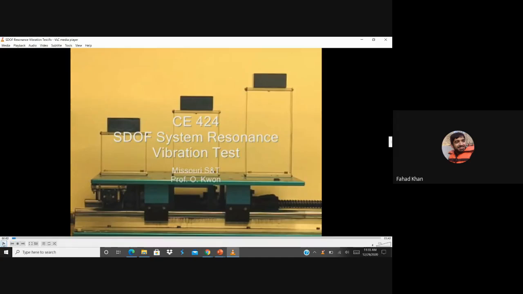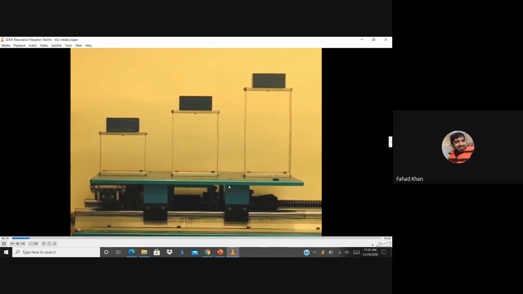Now let's start our shake table at a frequency ratio that is very small or 0, and as you can see, the shake table is moving in the horizontal direction. So the masses are moving as rigid blocks, and this corresponds to your rigid body displacement, or let's call it static displacement.